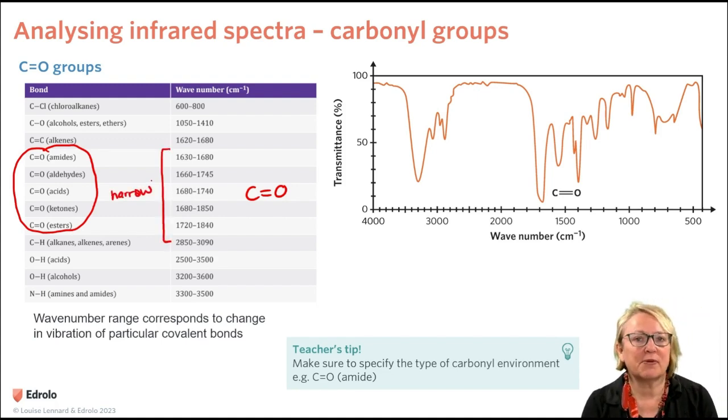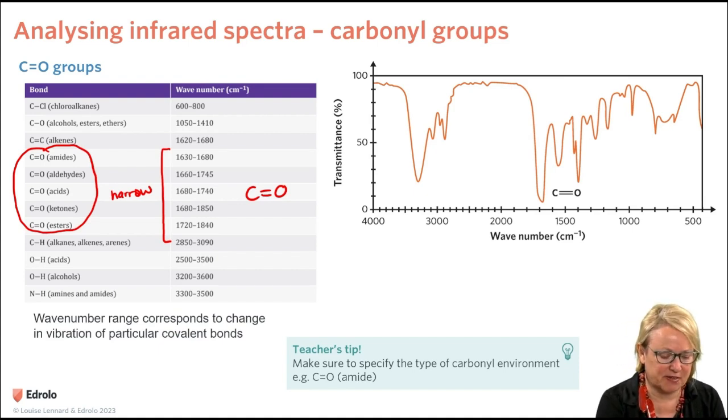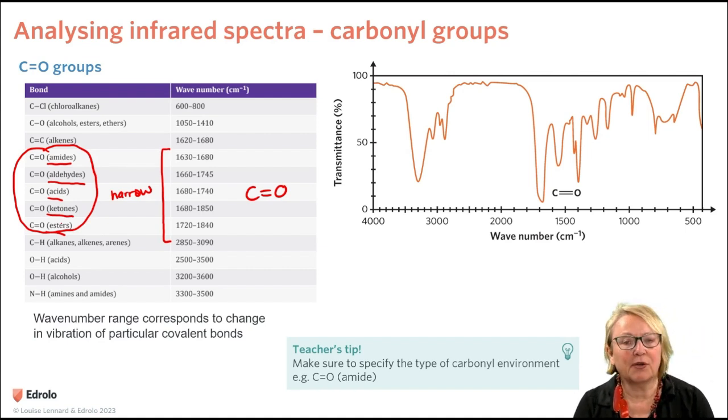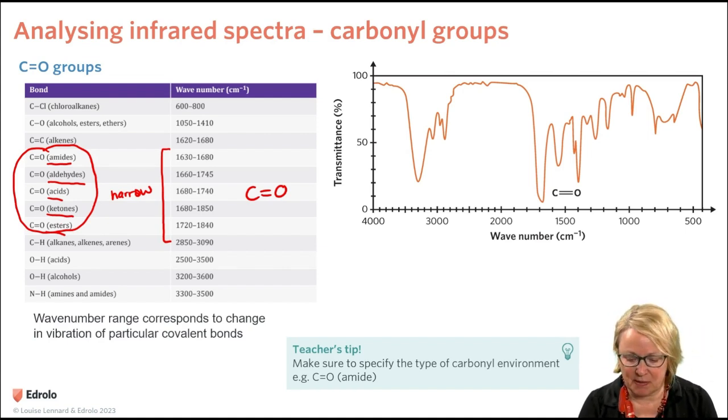If you need to identify something from a spectrum, you need to label it as the carbonyl and the type of carbonyl. Is it from an amide, an aldehyde, an acid, a ketone, or an ester? So there are 5 different types of carbonyl groups.